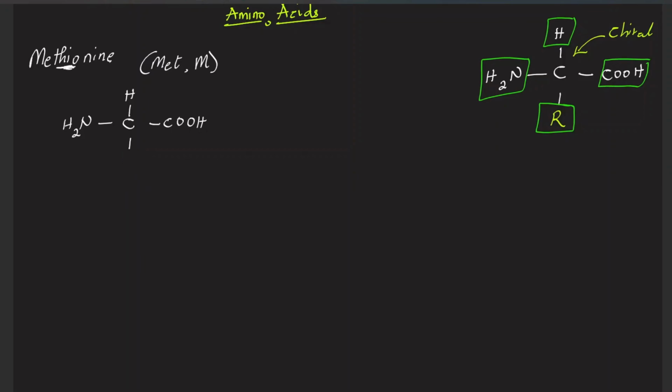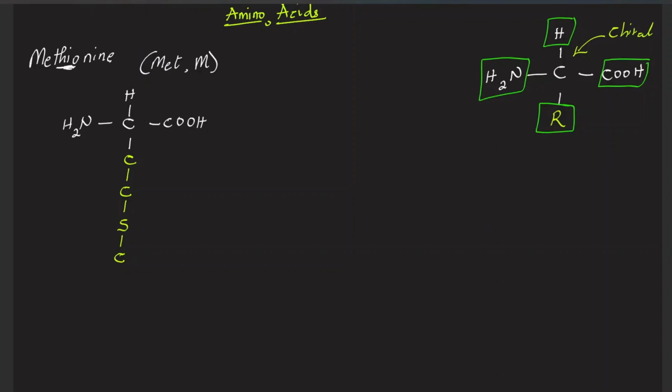Alright, so the R group for methionine, as we said, it has a sulfur in there, but we start with a carbon attached to a second carbon, and that is attached to a sulfur group, and that is attached to a third carbon, like that.